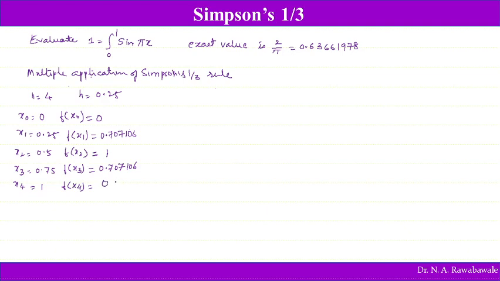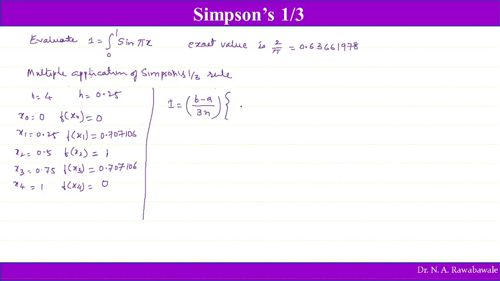Now we write Simpson's 1/3 rule, multiple application of Simpson's 1/3 rule. So now we write the equation I is equal to b minus a divided by 3n.